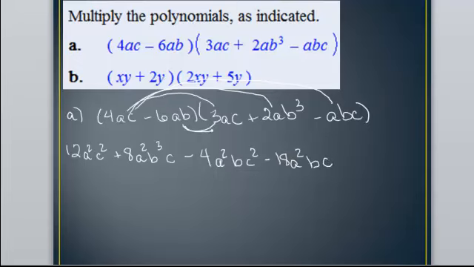Okay, negative 6ab times 2ab cubed would be a negative 12 and then a squared b to the fourth. Okay, and then we have negative 6ab times negative abc. That'll be a squared b squared c. So negative times negative is positive 6a squared b squared c.